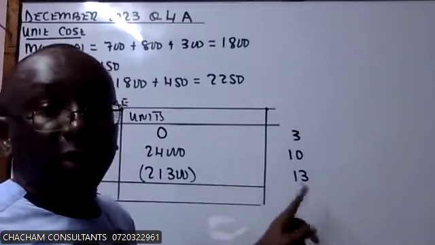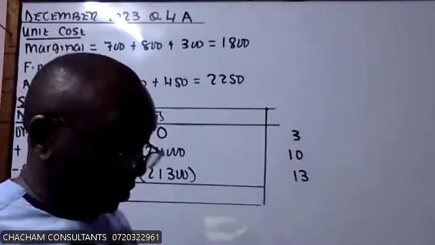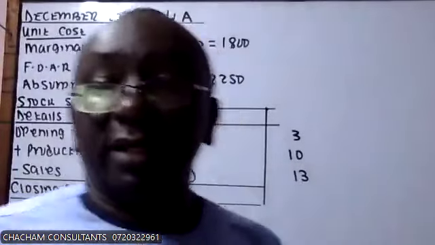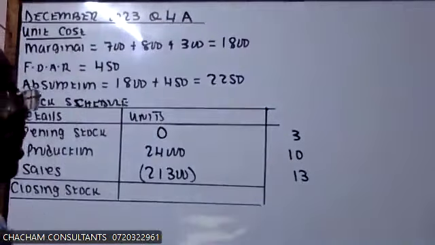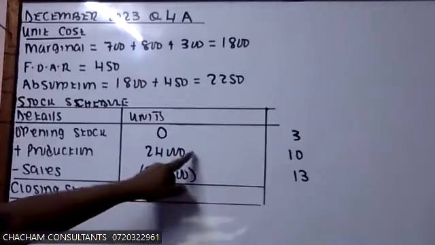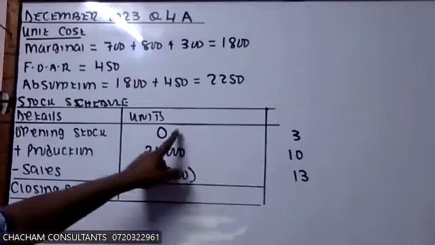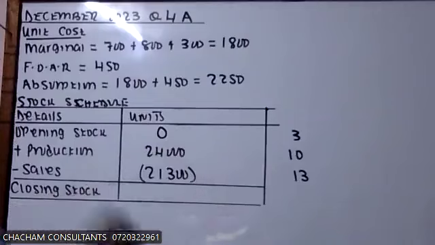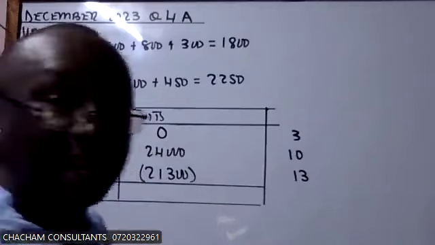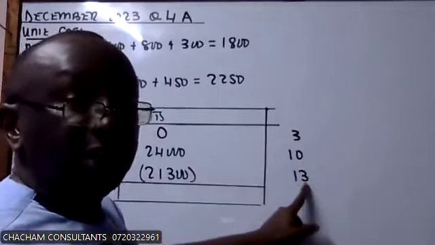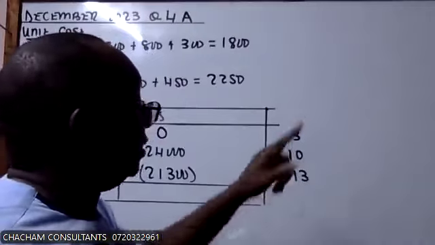So if production is more than sales, you take opening to be 0. But if production is less than sales, the difference is the opening.